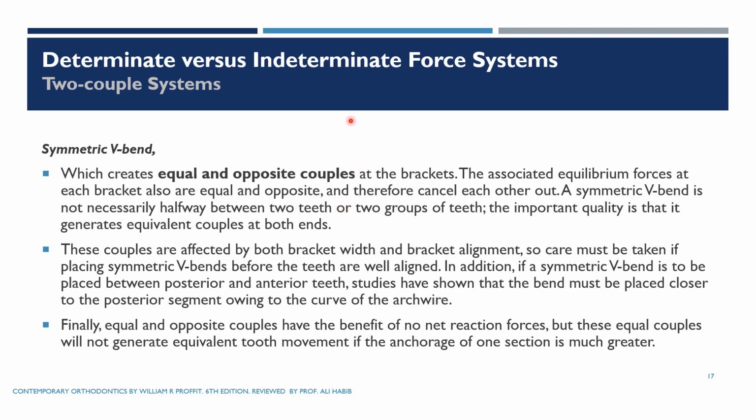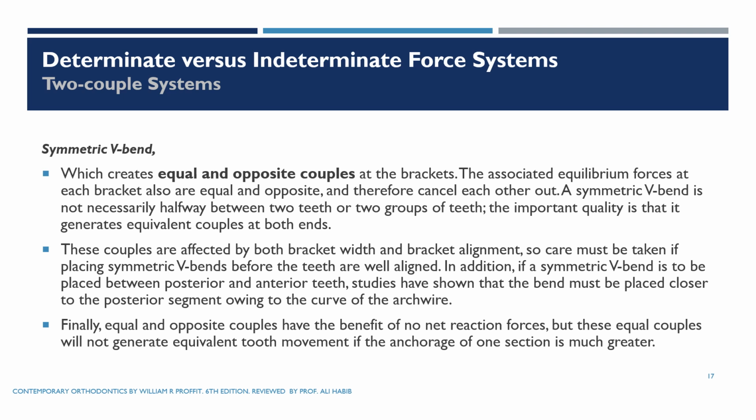How to make it? You make it in the middle between the 2 groups of teeth if they are really similar. If we move the V bend a little bit to one side, then this will create an asymmetric V bend that will not apply equal and opposite couples.